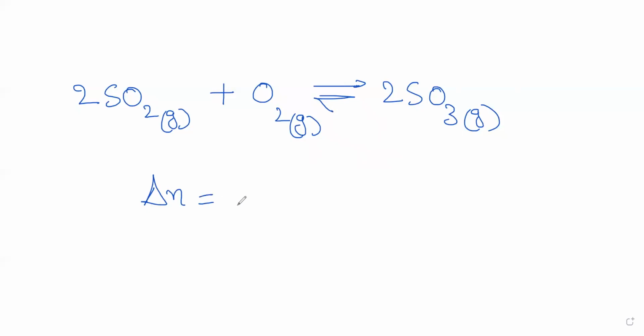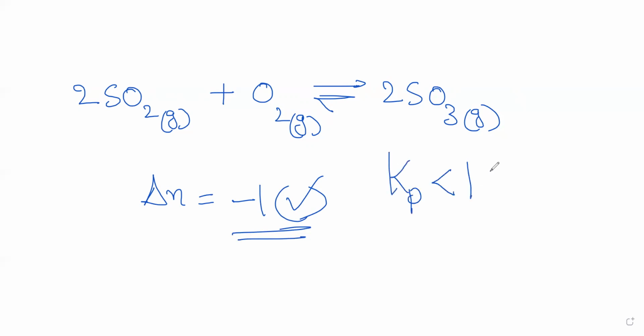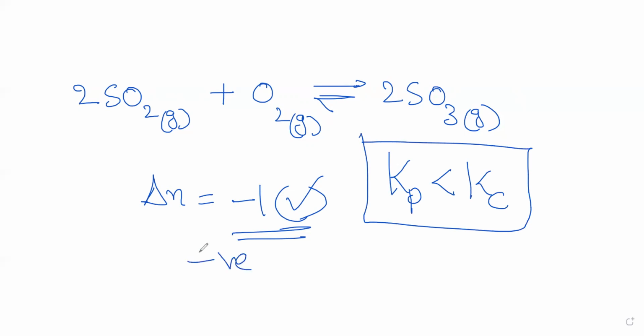Sir, -1. Very good, -1 is the right answer. So for this reaction, Kp is less than Kc, since delta n is negative. Delta n is a negative value, so Kp is less than Kc. Clear? Everyone clear?